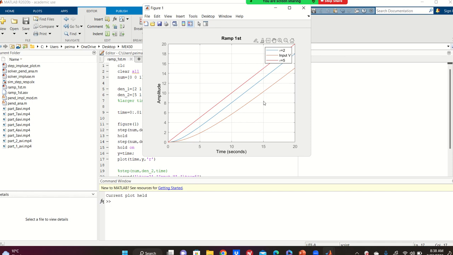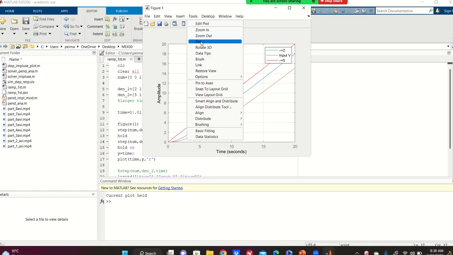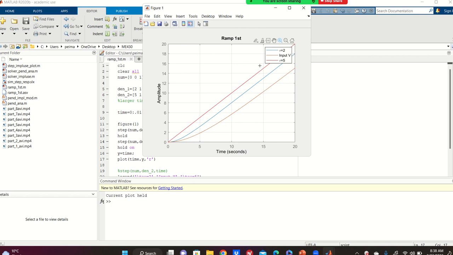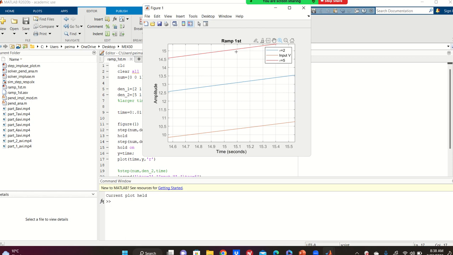That's right. So if I zoom in on this area, there we go. See, here is 2 seconds, here is 5 seconds.